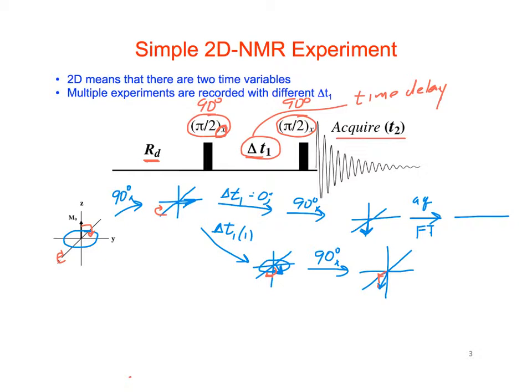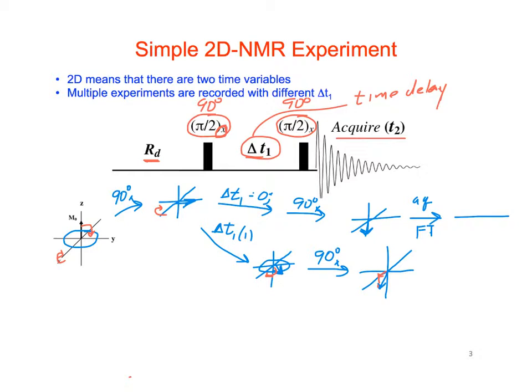So it's between these two, right? There is some component of this that is still in the XY plane, and it's only the component that's in the XY plane that's the only part of this signal that we would detect. Okay, so the important part here is that we have less than the full signal in the XY plane.